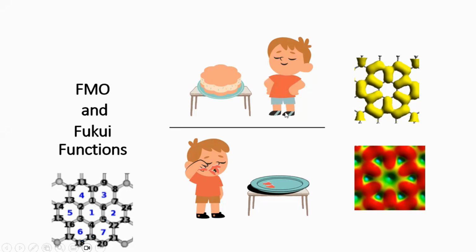Imagine you give a plain cake to a kid, and you close your eyes. When you give the plain cake to a kid, obviously you think he can eat any portion of the cake, right? Because all portions of the cake are even, or look similar.